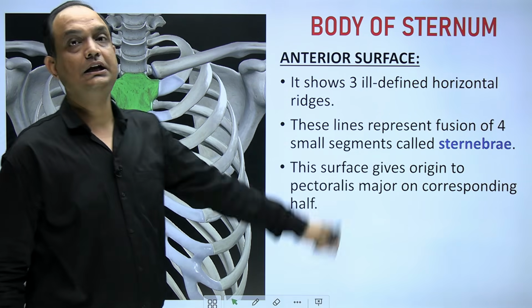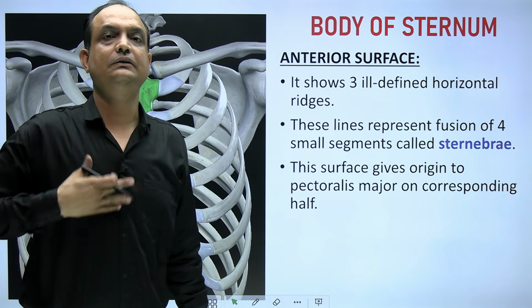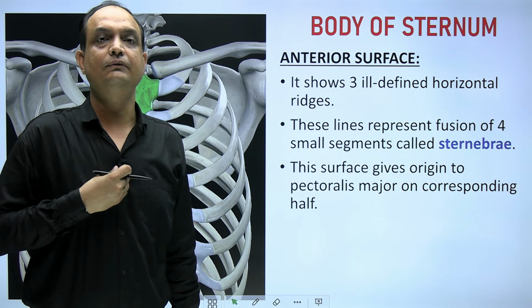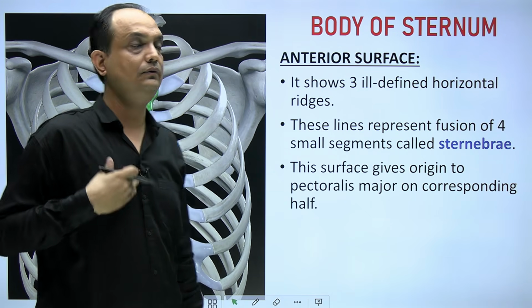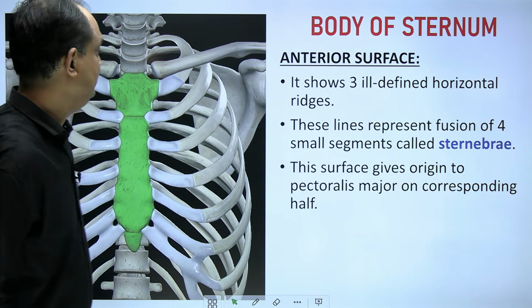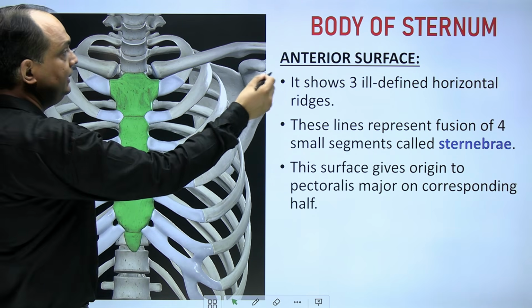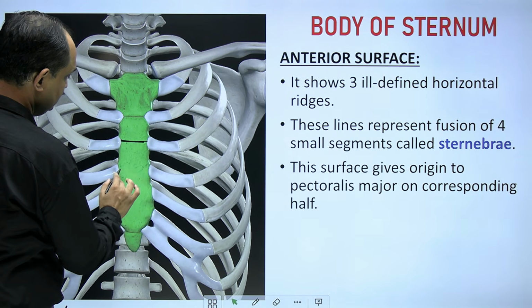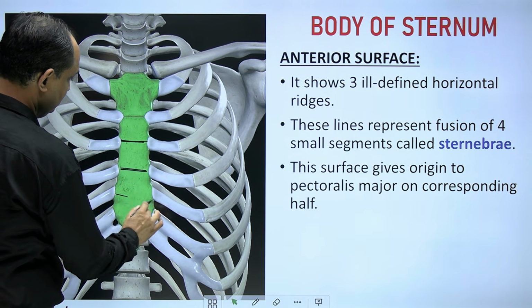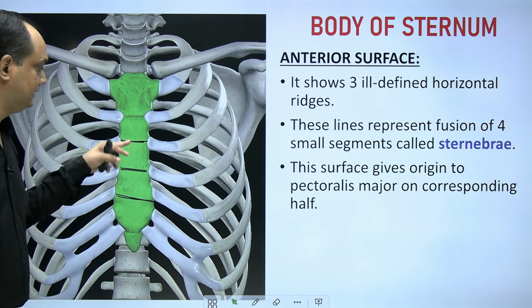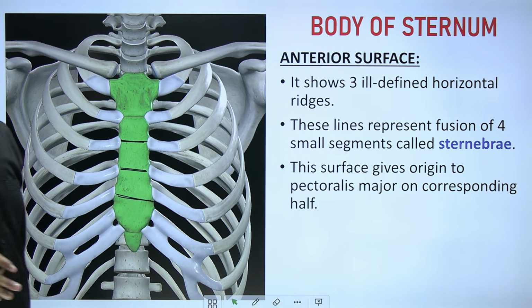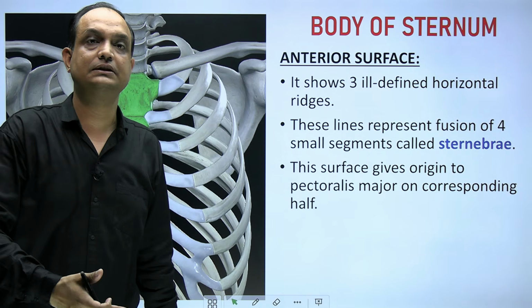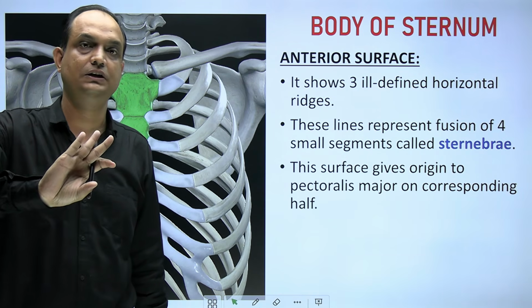Now what is the anterior surface of the body? When you see the anterior surface, you will find that it has three ill-defined horizontal ridges. So when you see the sternum in your dissection hall, you will find some ridges, and these ridges are more pronounced on the anterior surface as compared to the posterior surface.